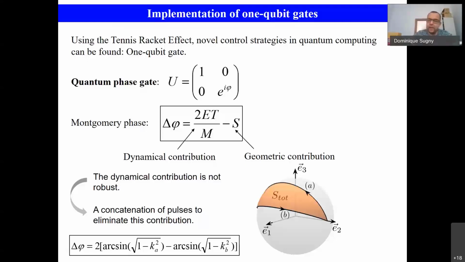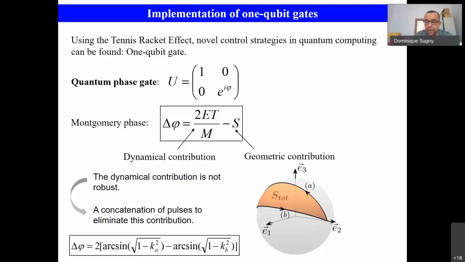After some algebra, we can show that it's possible. Here is one example where I consider a closed loop in this space, where one trajectory corresponds to a tennis racket effect, and the second one to another tennis racket effect. But the two trajectories are described by different k parameters.